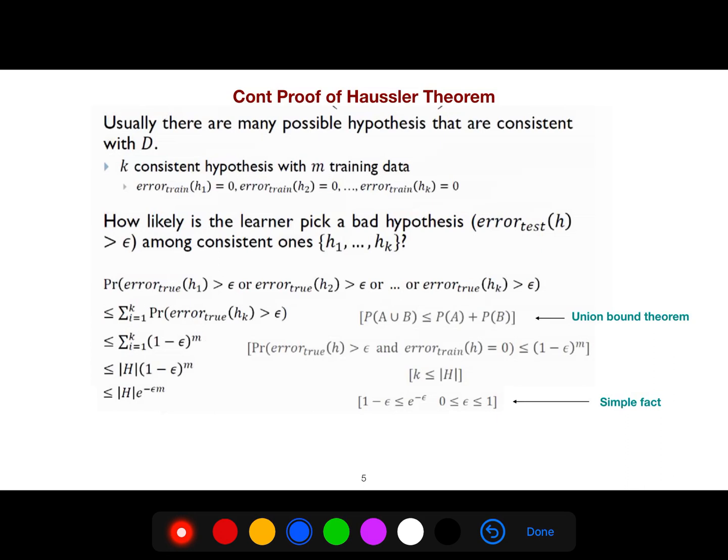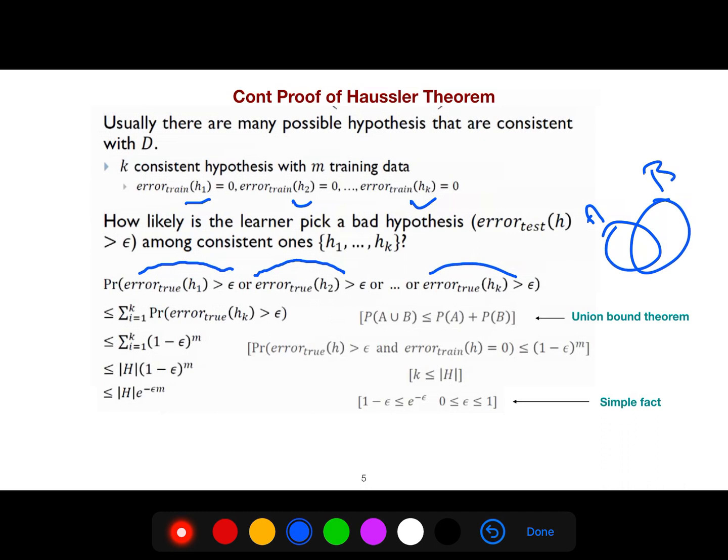And there are many possible hypotheses. That's not the only one. You should consider many different hypotheses because someone else could pick another hypothesis. We want to take all of them into consideration. How likely is the learner to pick a bad hypothesis? So we use the union bound because the first hypothesis could cross the red line, the second one, or any other one. Using the union bound in probability, for events A and B we can sum the probabilities, and that's why this is upper bounded by this term.